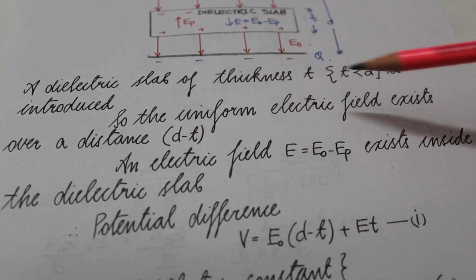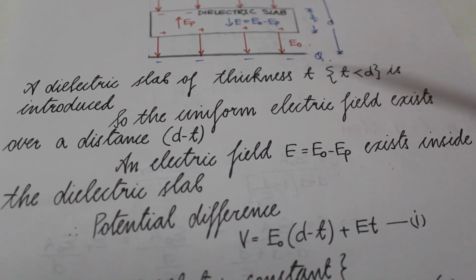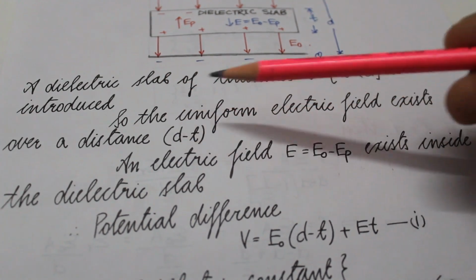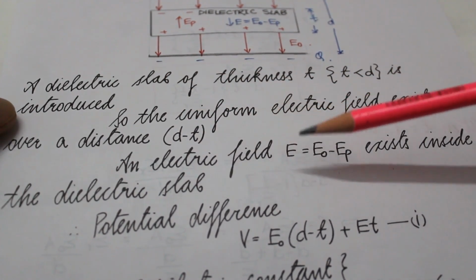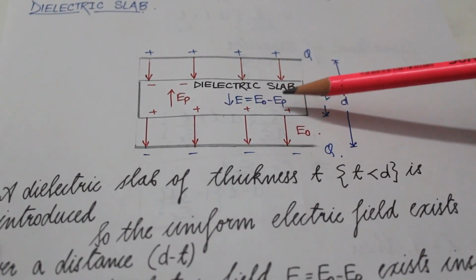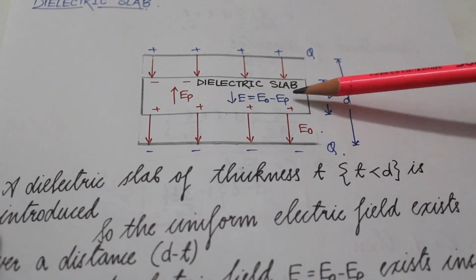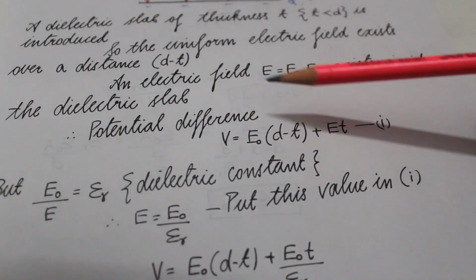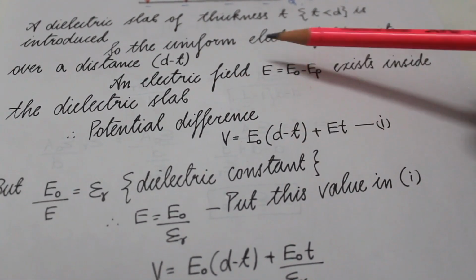So the uniform electric field, that is E naught, produced by the plates of the parallel plate capacitor will exist over a distance D minus T. Another electric field E is equal to E naught minus EP, that is inside the dielectric slab, will exist along a distance T. So the net potential difference will be the sum of these two contributions.